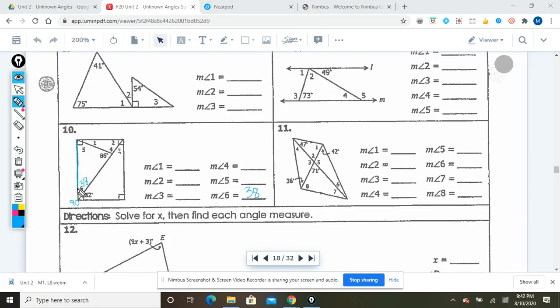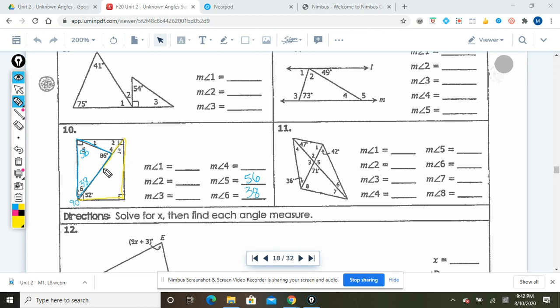Everybody in this triangle needs to add up to 180. So 180 minus 86 minus 38 gives me 56 for angle 5. I can look at this triangle. I have a 52, a right angle.